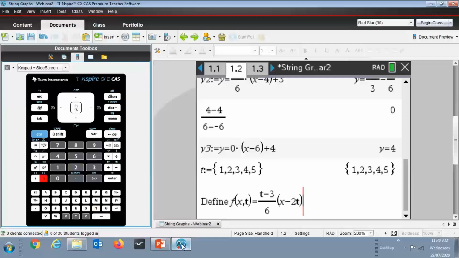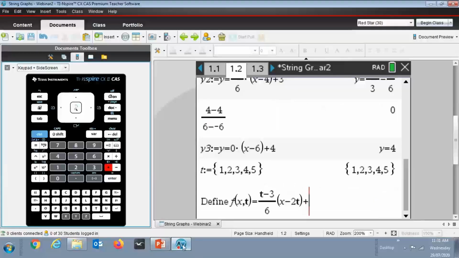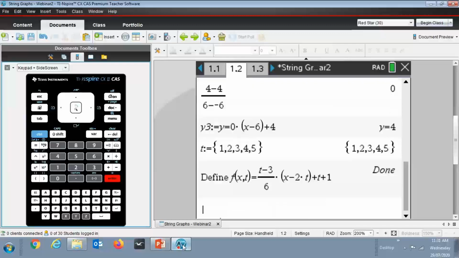I'm going to close the brackets, and then remember finally from the form, 2, 3, and 4 were 1 more than 1, 2, and 3. 2, 3, and 4 were 1 more than the value of t. And so we're going to put plus t plus 1. So the function looks messy. It's all defined for us. And we're ready to graph it.